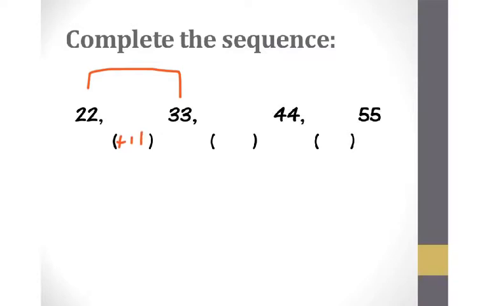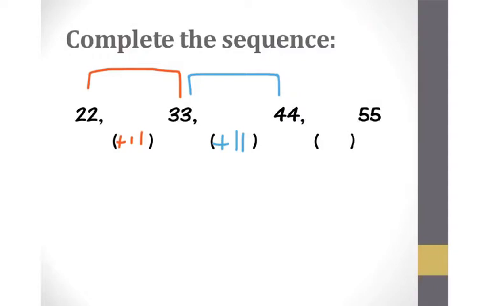Okay, let's move on to the next 2 terms, 33 and 44. We need to see what the difference is. And again, the difference here between 33 and 44 is plus 11. So we're increasing by 11. You can see here now maybe that the rule is plus 11, increasing by 11 every time.